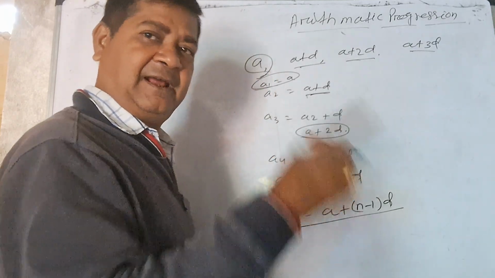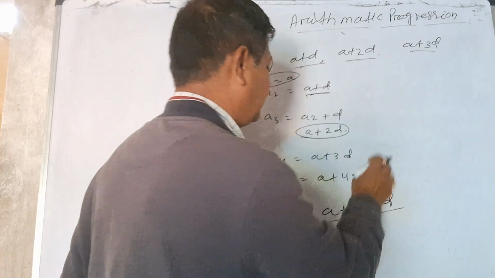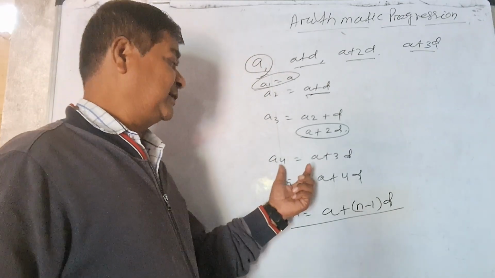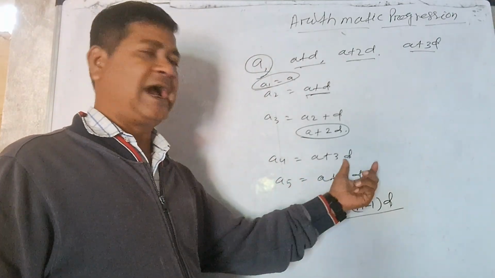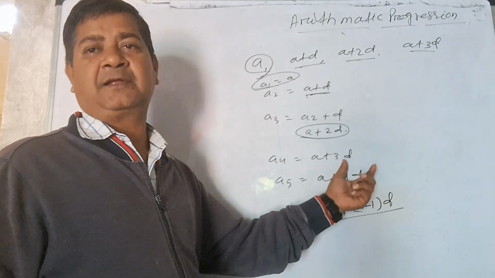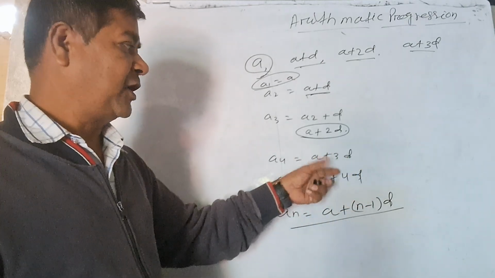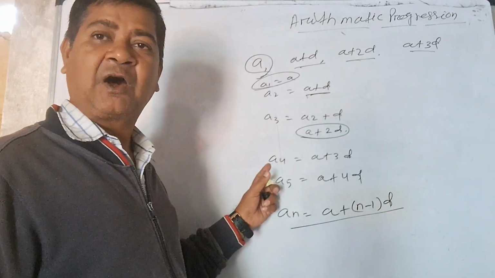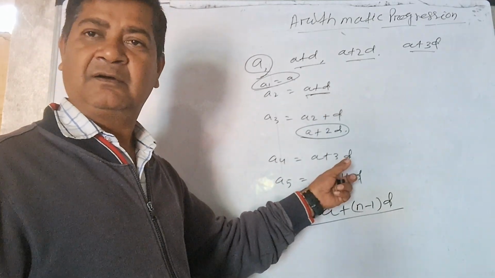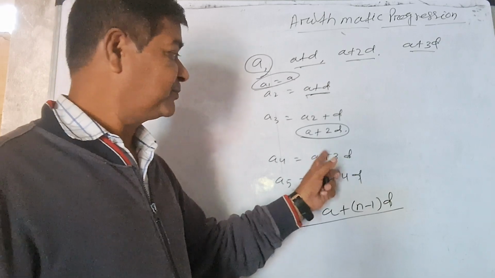Plus another d, then you will get a4. When the term number is 4, you will add 3d. That means the number of d is 1 less than the term number.